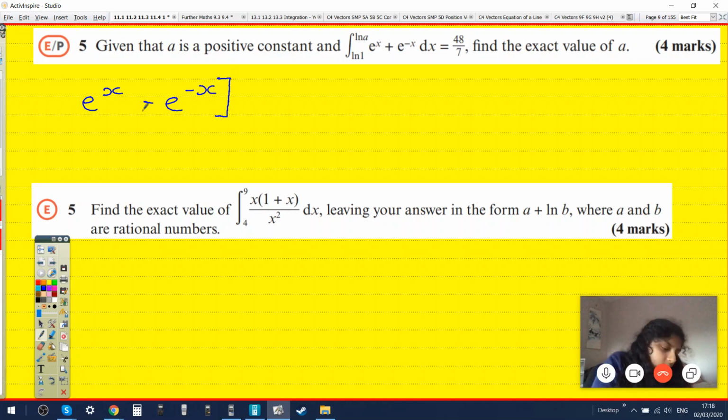So then when you substitute ln A, you would have A minus A? That's going to be A. Oh, A plus A, sorry. Minus 1.